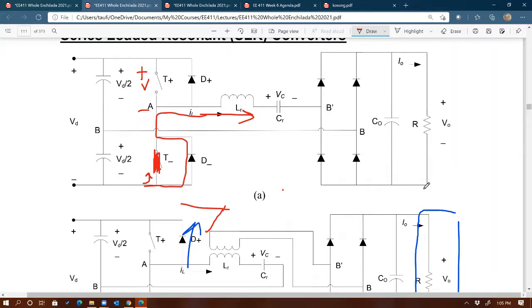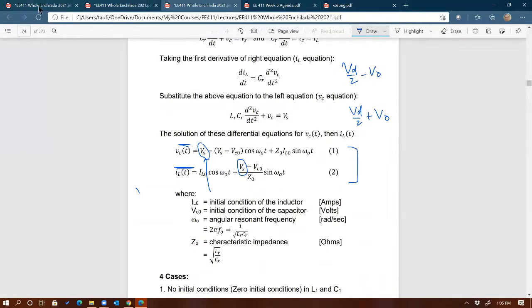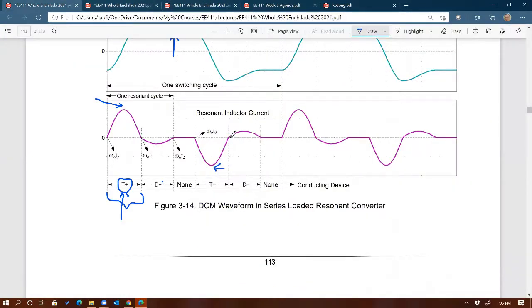So that's why on the positive current, you have D minus conducting. And D minus is ready to conduct because its voltage is equal to 0, because before that, T minus is conducting. So that's why D minus can conduct.